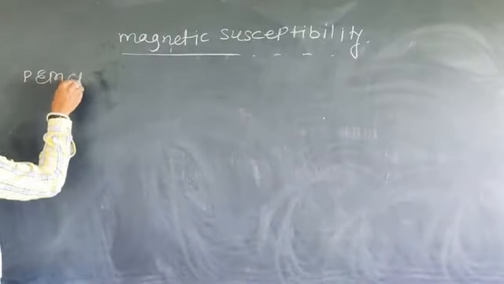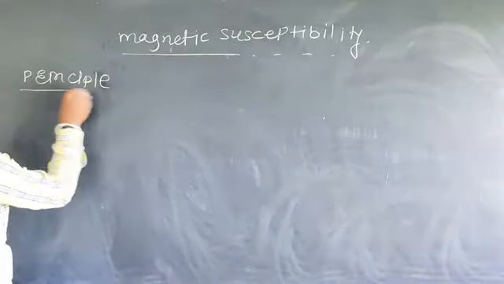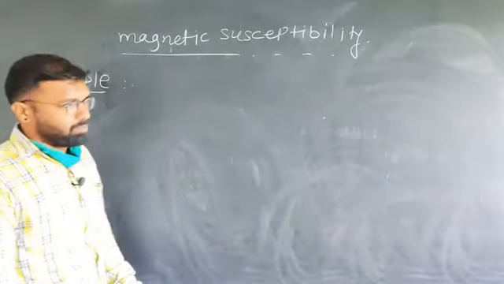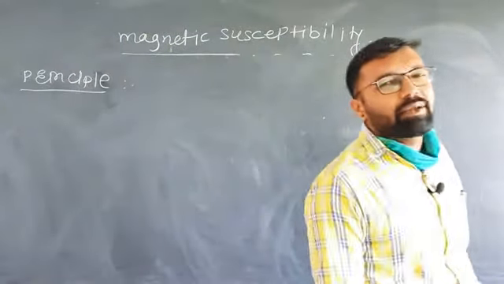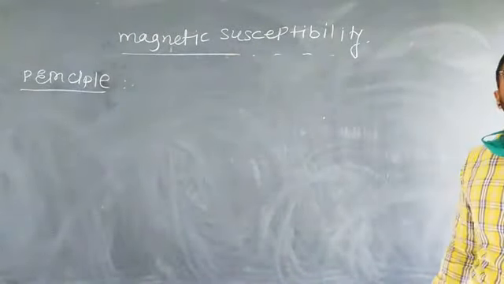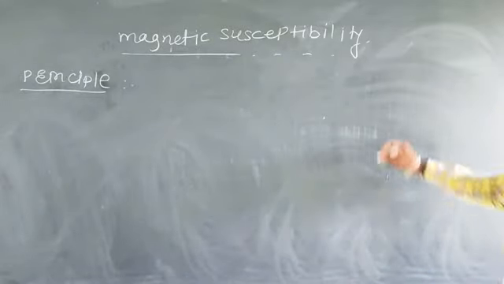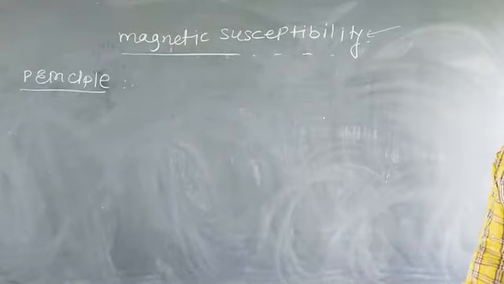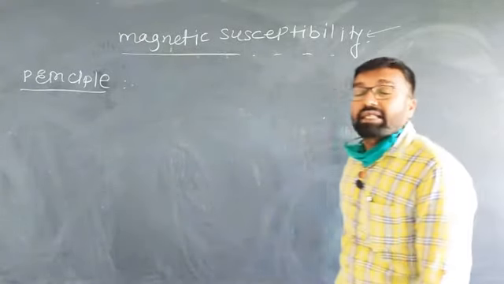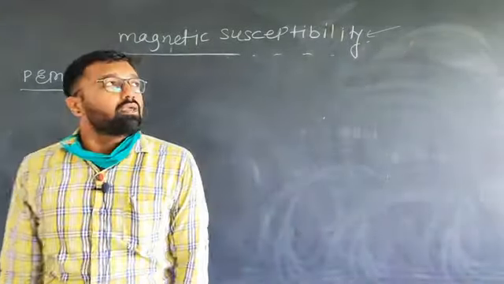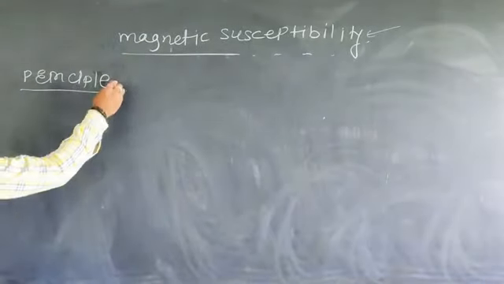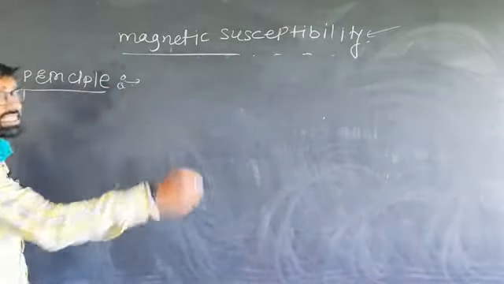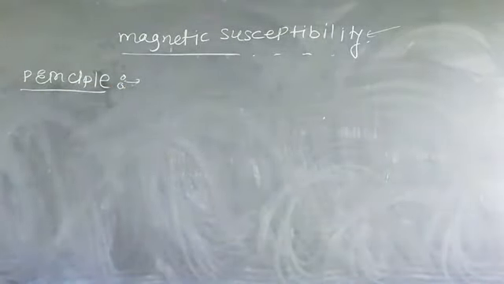The principle is so simple. Actually, this topic comes under magnetometry, that means the study of magnetic properties of a material by using some instrument. Here we study the magnetic property, that is magnetic susceptibility. If you want to conclude the principle, you can say that magnetic susceptibility measurement is a non-destructive and simple method.